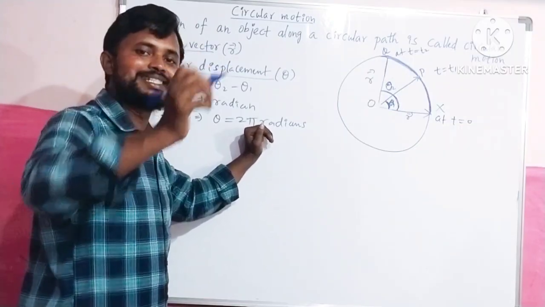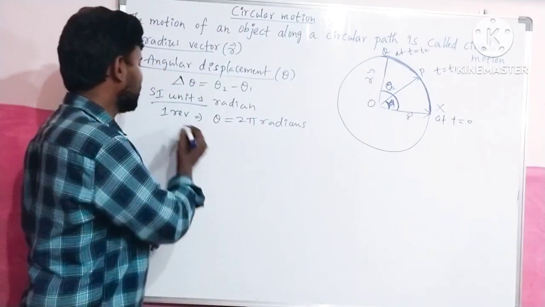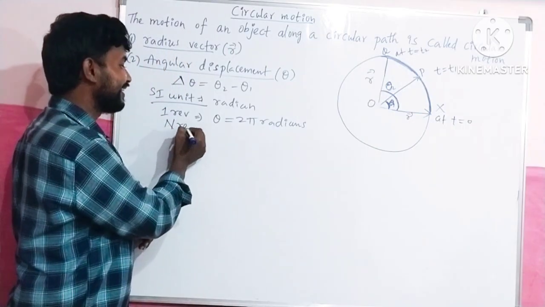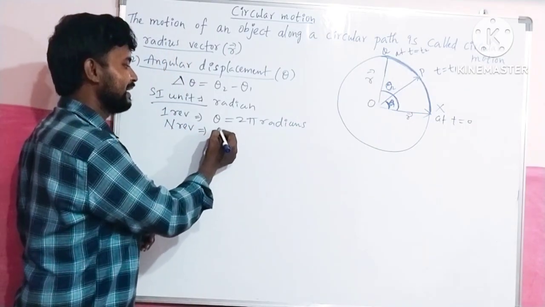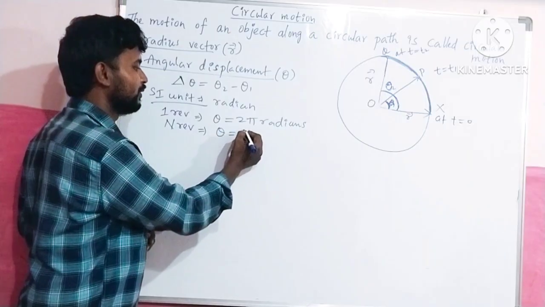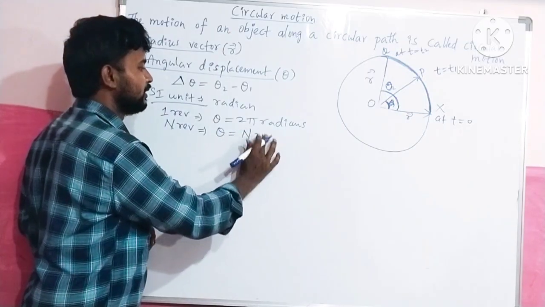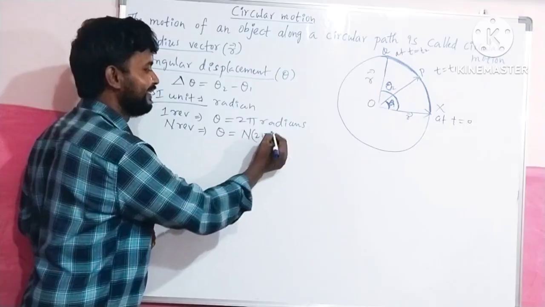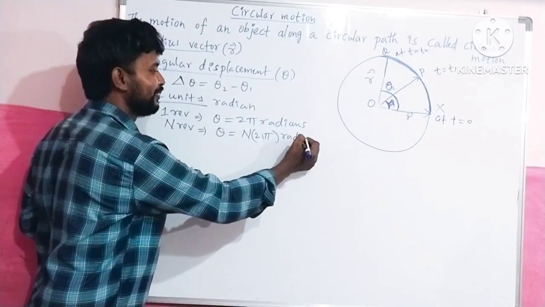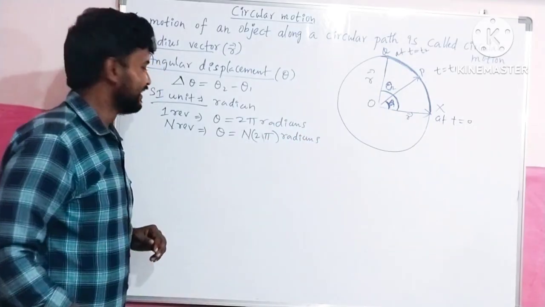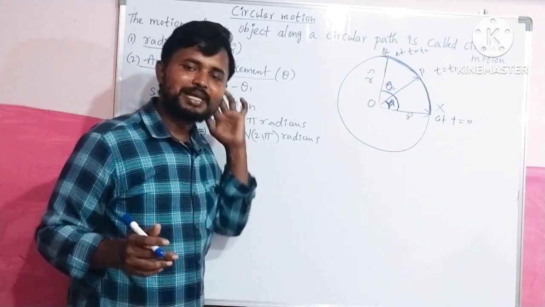N revolutions means n into 2 pi. If a particle covers n revolutions, then angular displacement theta equals n into 2 pi radians. This is the angular displacement.